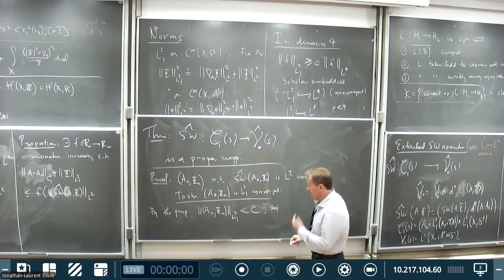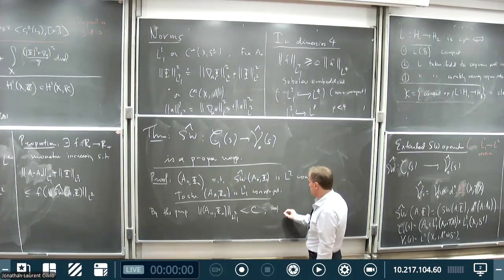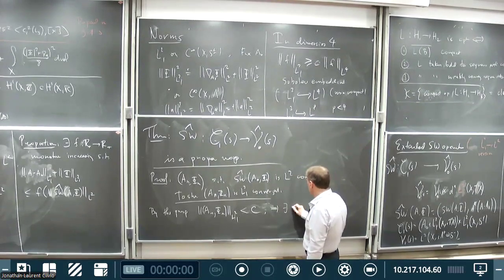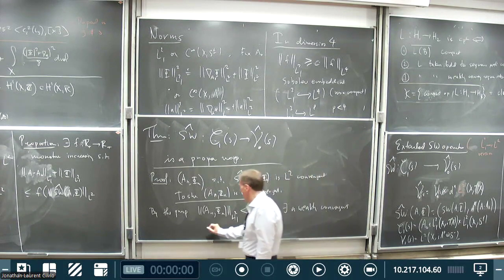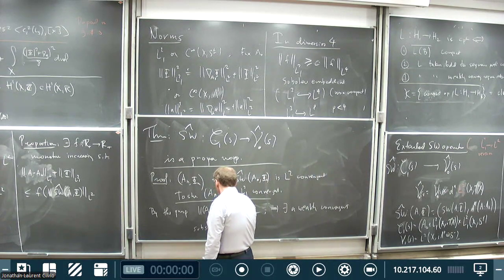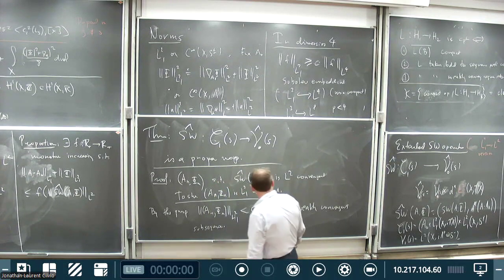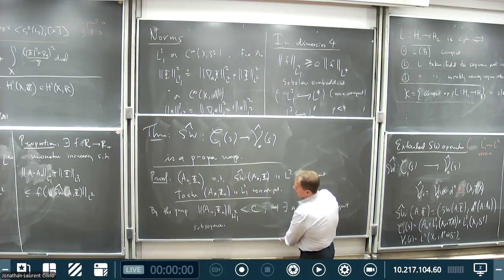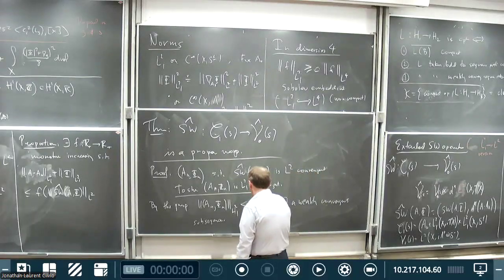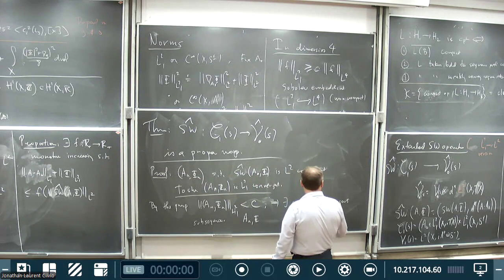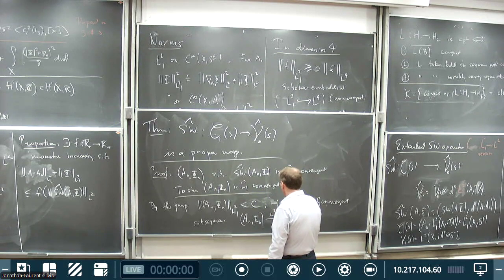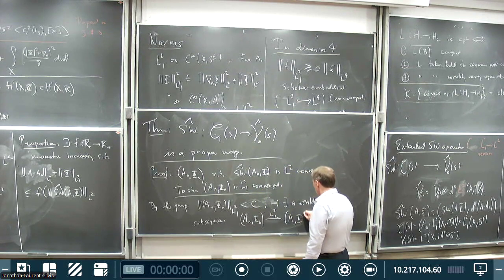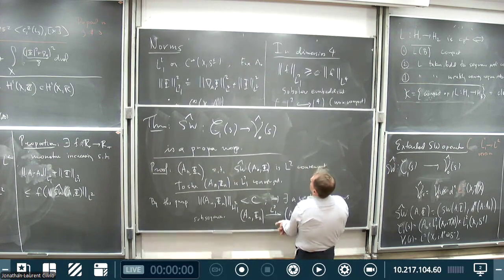So that implies that there exists a weakly convergent subsequence. So actually, this weakly converges to some configuration.